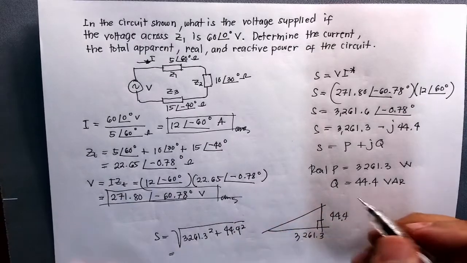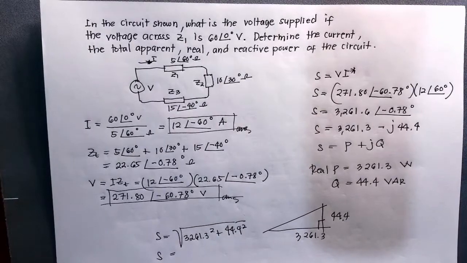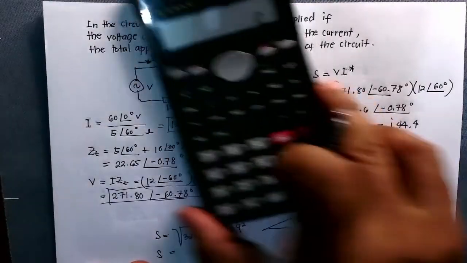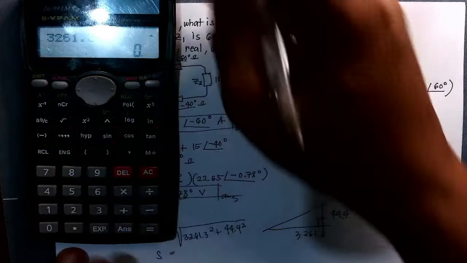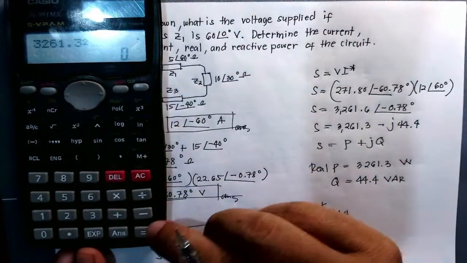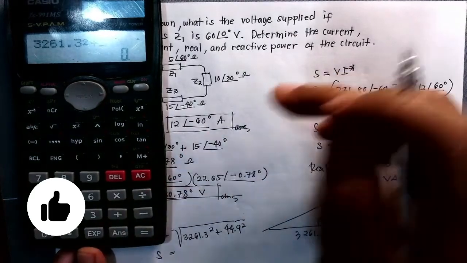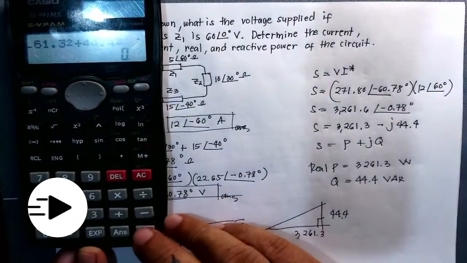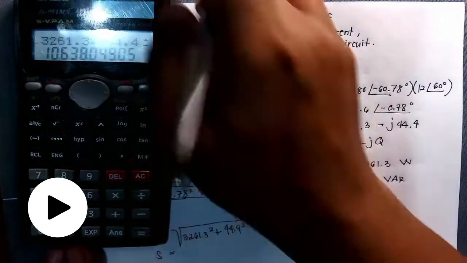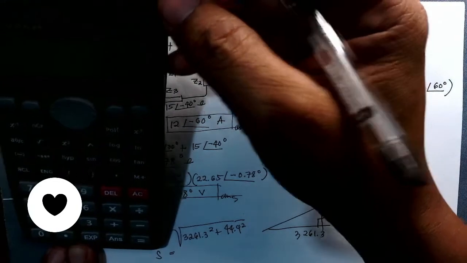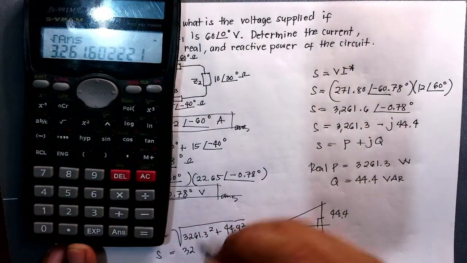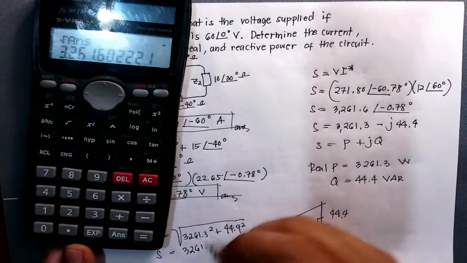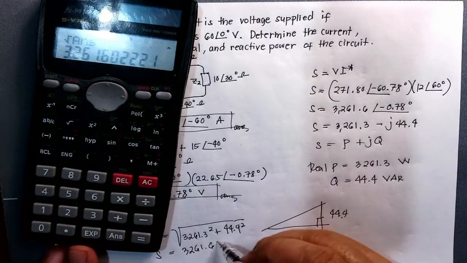So your S, you just use your calculator: 3261.3 squared plus 44.4 squared, and I get the square root of this answer, and it gives us 3261.6 VA.